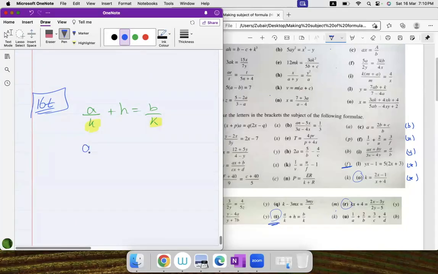An attempt: a over k minus b over k is equal to minus h minus h. If I take out that LCM, this should be a minus b over k is equal to minus h.